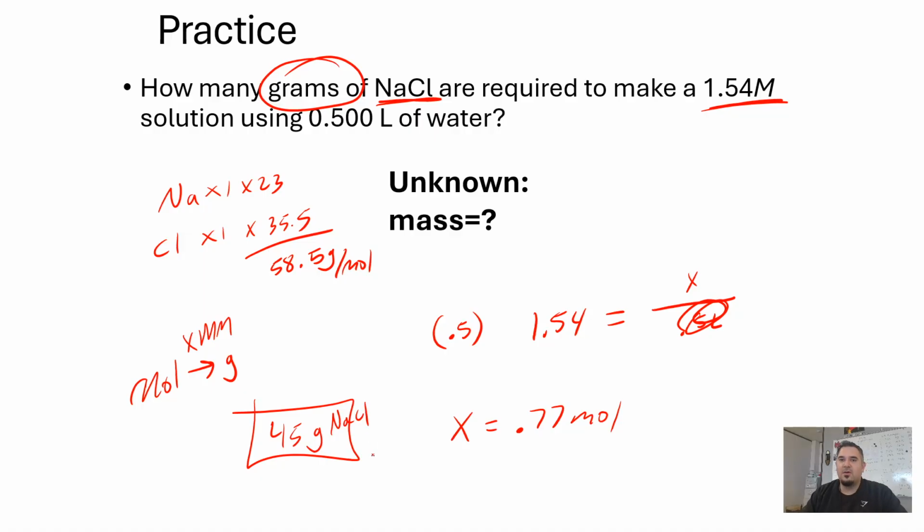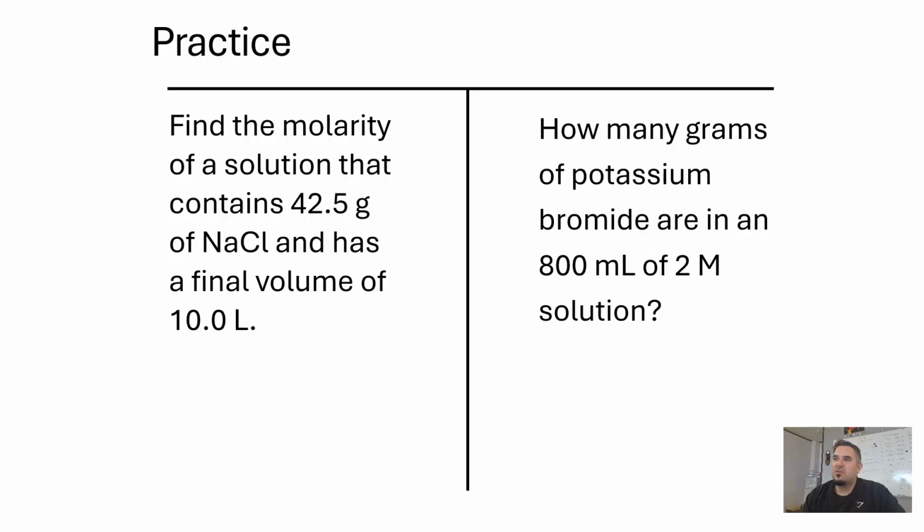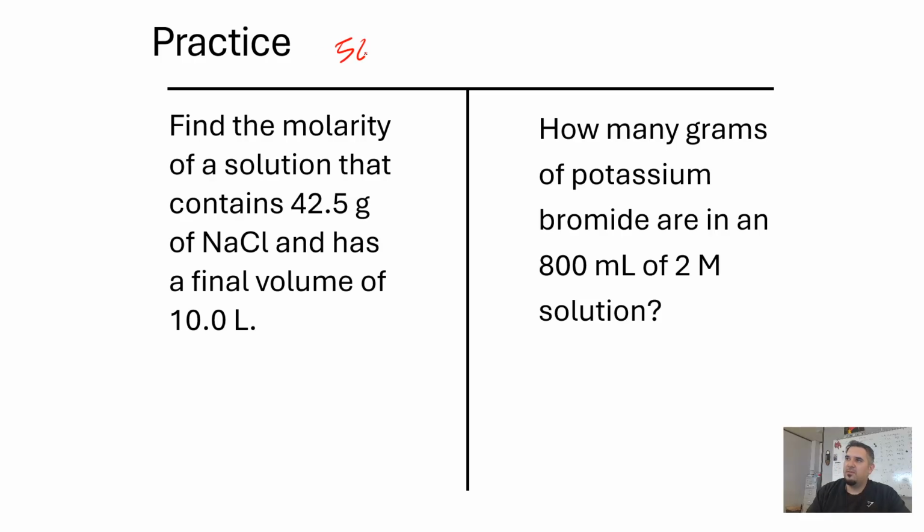All right, let's go ahead and move to the next one. Find the molarity of a solution that contains 42.5 grams of sodium chloride and has a final volume of 10 liters. We already calculated the molar mass of sodium chloride, so I'm just going to bring that over to this page: 58.5 grams per mole. We're looking for molarity this time, so we're solving for M. M is equal to, and we can plug in our 10 liters over here.